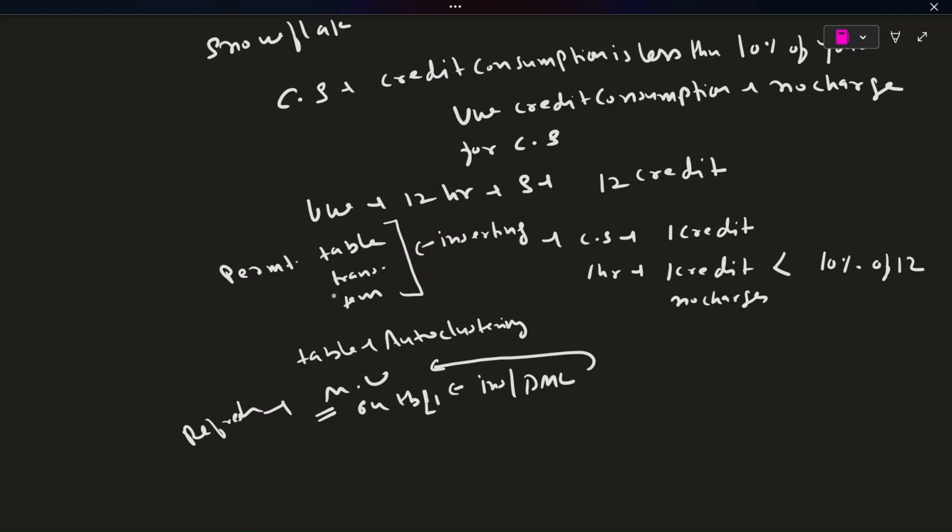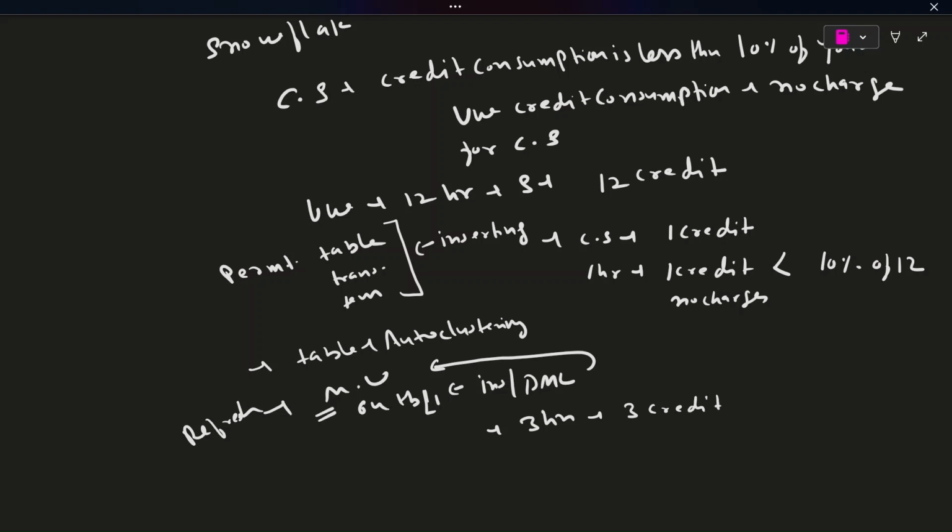It might be doing some metadata updating for auto clustering too. And let's say there are many more activities where the cloud service layer internally is running, let's say for 3 hours, and for those 3 hours it has consumed 3 credits.